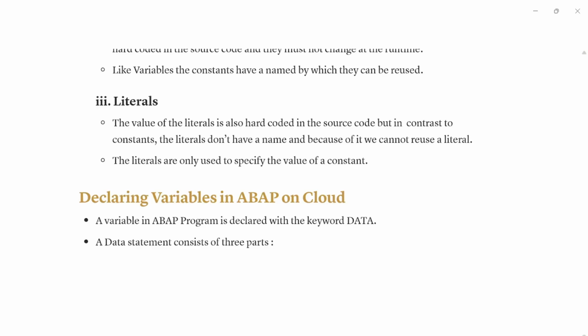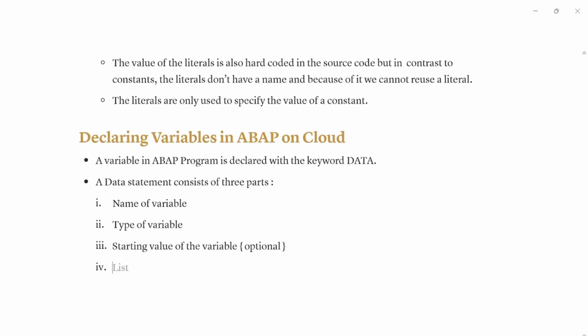What will those three parts be? First the name of the variable, then the type of the variable, and then the starting value of the variable, which is generally optional. It is not mandatory to give a starting value.